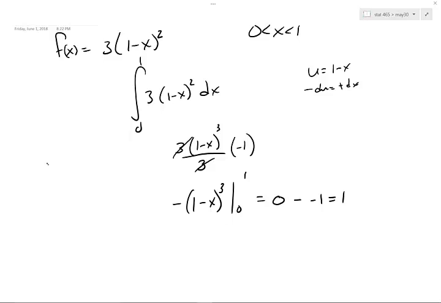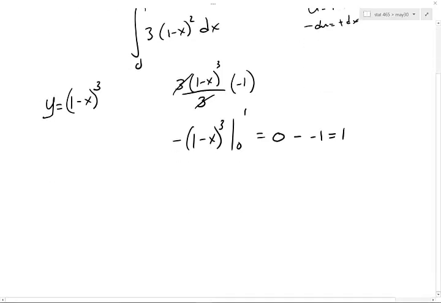Now check it out. What if I said to you that y was equal to 1 minus x cubed? Now, by the way, if y was equal to 1 minus x, that's literally the same thing as saying u is equal to 1 minus x. Am I right? So, in reality, when we did that antiderivative by plugging the u in, we've already done this in the past.